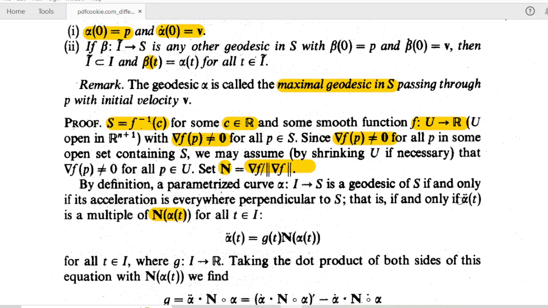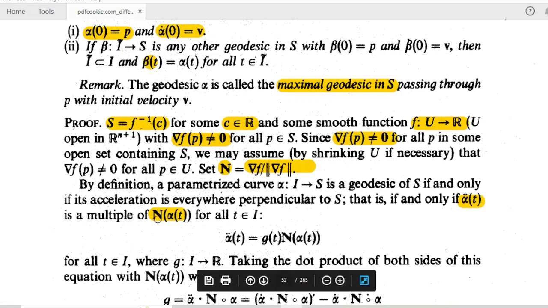So alpha double dot will be perpendicular to the tangent vectors but be in the direction of the normal vector, right? So we know that the normal vector is perpendicular to the tangent vector of alpha. So alpha double dot perpendicular to the tangent vector implies alpha double dot is in the direction of the normal vector.